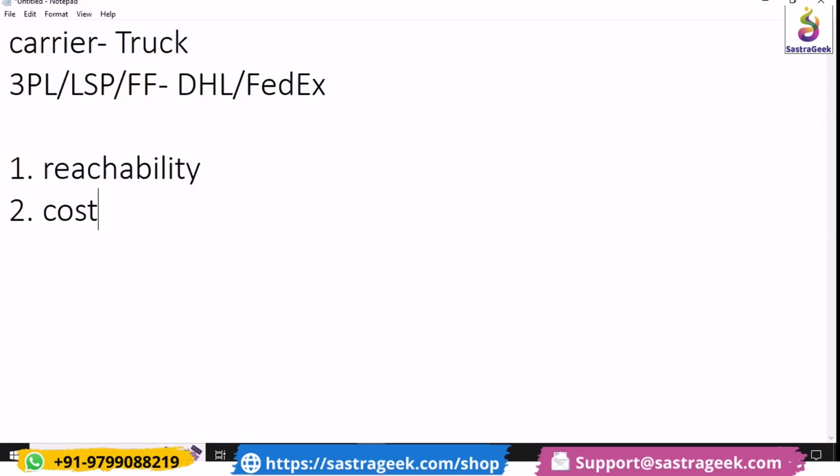Give it to me. I say, okay, it is one book that I want to transport. Ultimately, he will not be booking that entire truck just for me, or he would be charging that entire truck cost to me. And I won't be able to pay for that. Definitely, I just want to send one book. So ultimately, it would prove costlier for me.